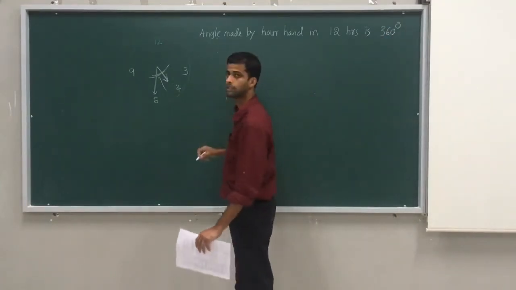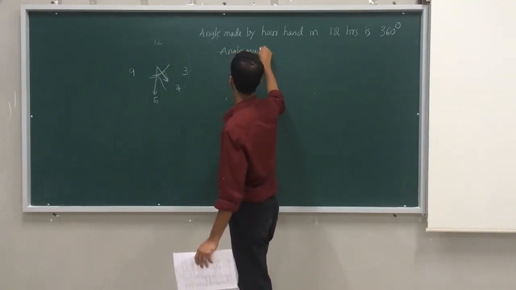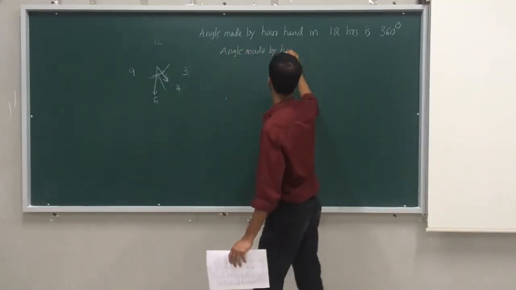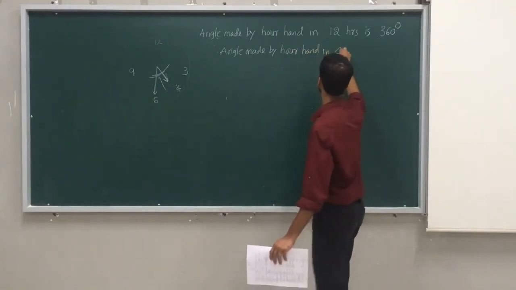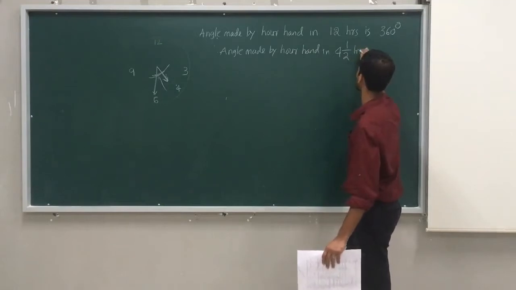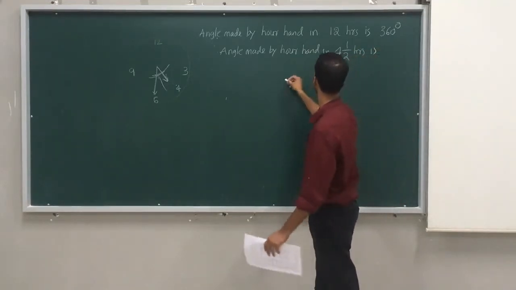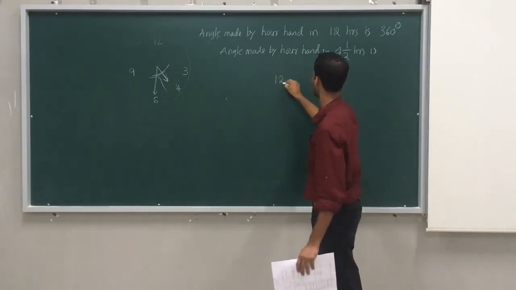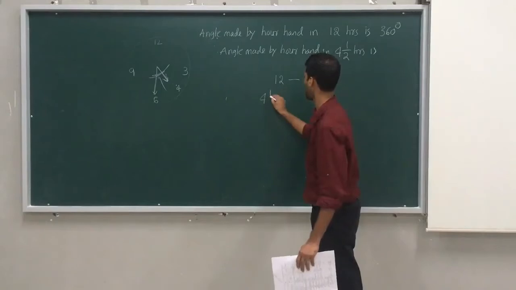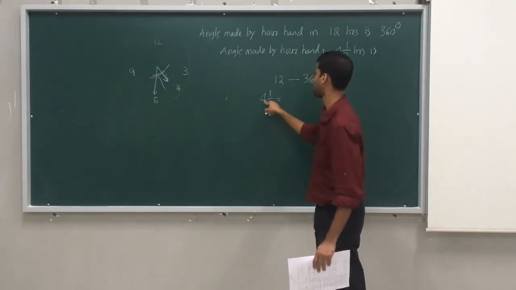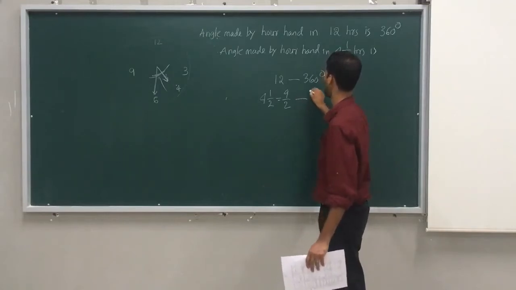Therefore, the angle made by the hour hand in 4.5 hours. That is, for 12 hours 360 degree. For 4.5 hours, 4.5 hours is 9 by 2.